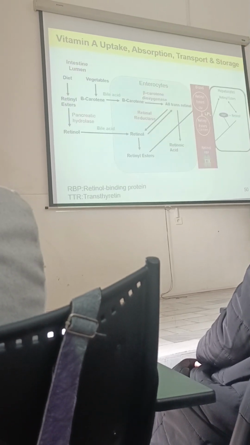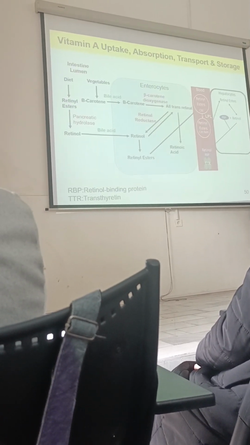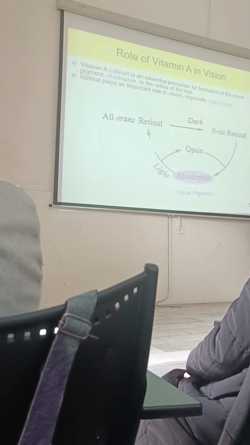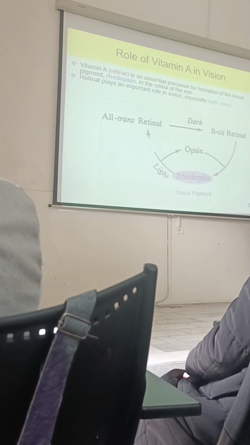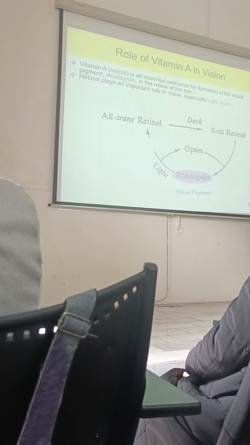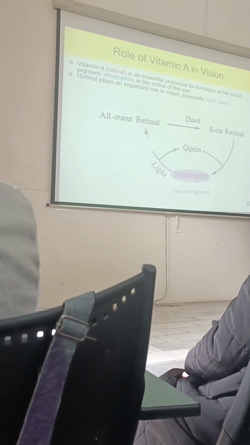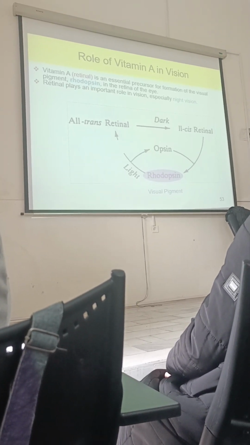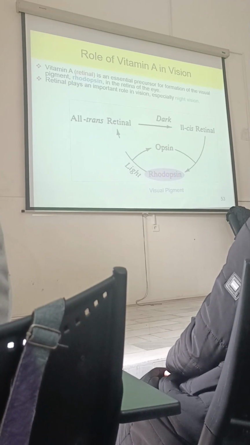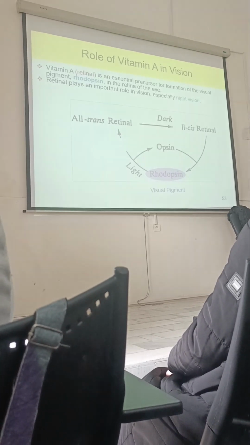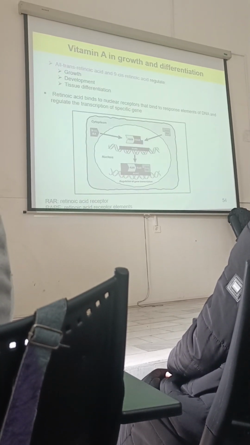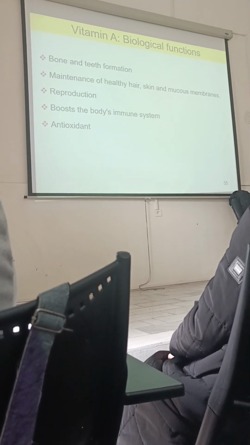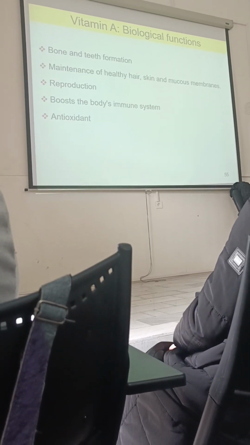This slide is not important, just for more information. In the visual cycle, rhodopsin is a visual pigment, and whenever exposed to light, this pigment breaks down and sends a signal to our brain, and we can see in the presence of light. And we talk about the acid form: growth, development, and differentiation, and the biological functions.